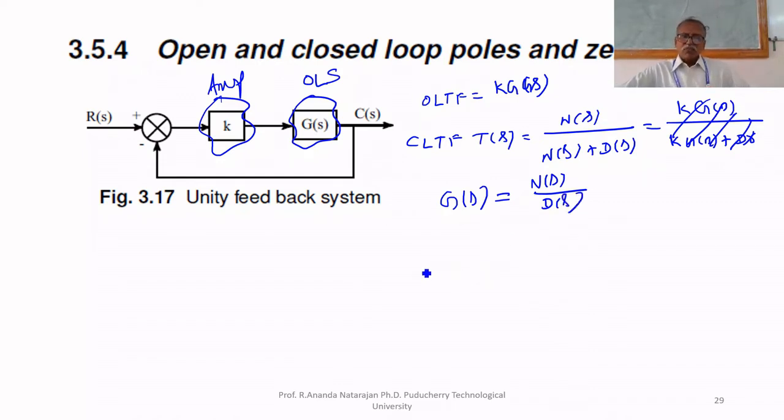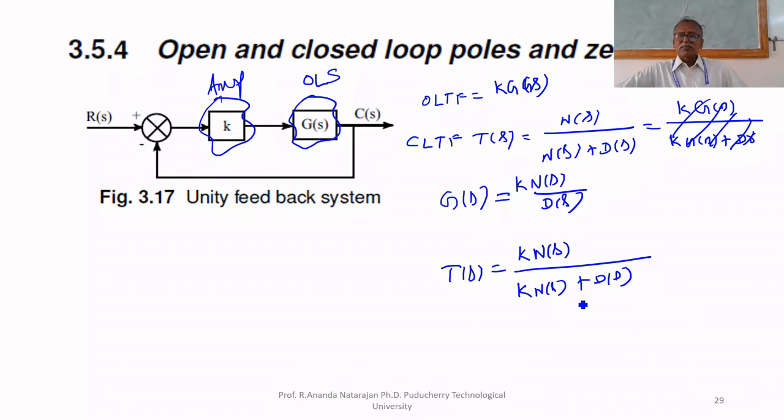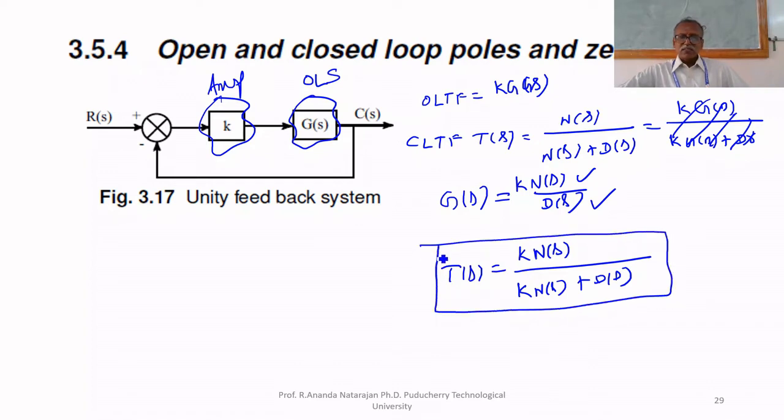Therefore, if we substitute, closed loop transfer function T of s equals, what is the numerator? K n of s, K is there in the numerator. So we substitute k n of s upon k n of s plus d of s. The denominator is d of s, the numerator is n of s. So we can find the closed loop transfer function like this.